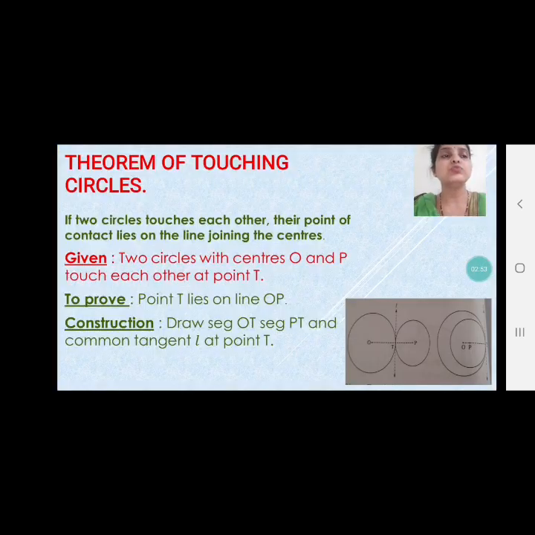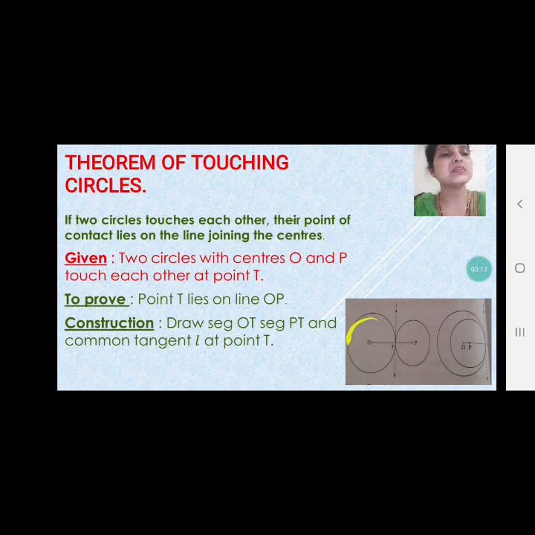Now we come to the theorem based on touching circles. The statement of the theorem is: if two circles touch each other, the point of contact lies on the line joining their centers. What is given to us?